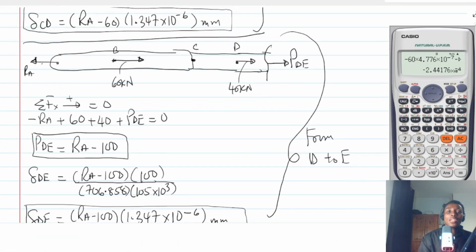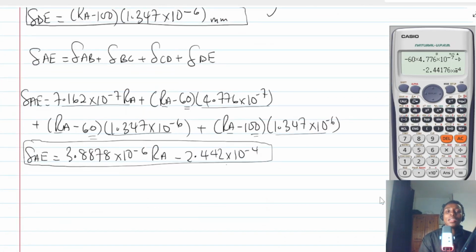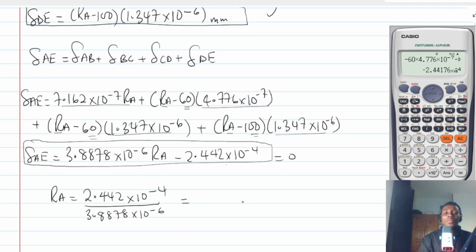Therefore, we can say that delta AE is equal to 0. So from here, this will be 0. Therefore, RA will be 2.442 times 10 to the power minus 4 divided by 3.8878 times 10 to the power minus 6. What will be the value of RA?